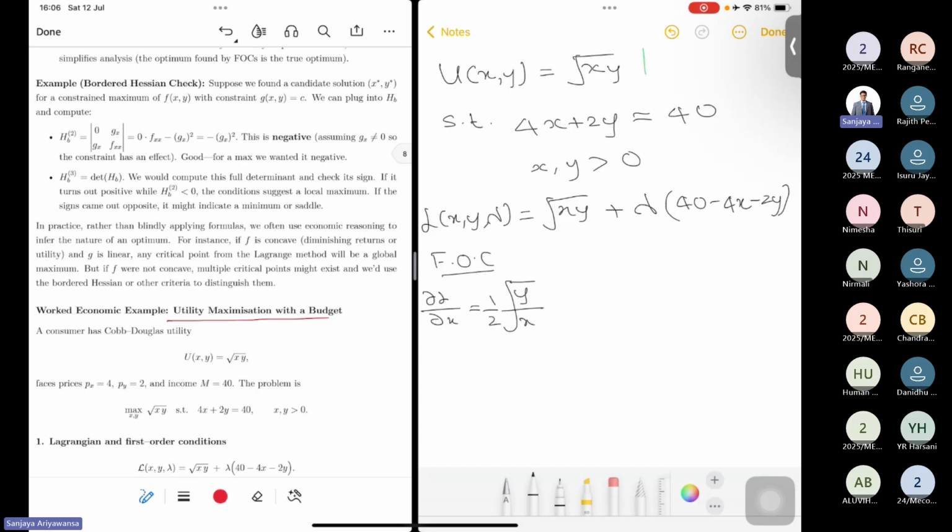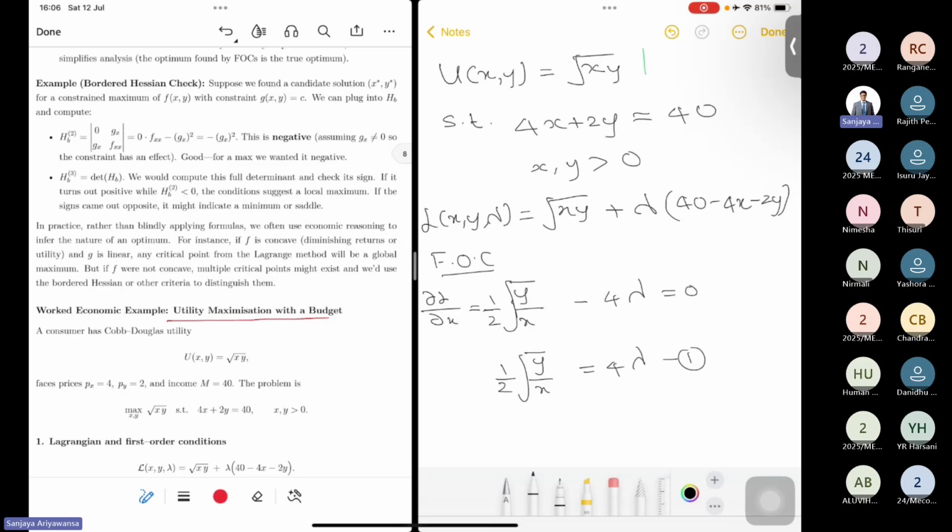Make sure that you get the differentiation correct, because that's one place you can go wrong. Minus 4 lambda equals 0. So the square root of y over x equals 4 lambda.